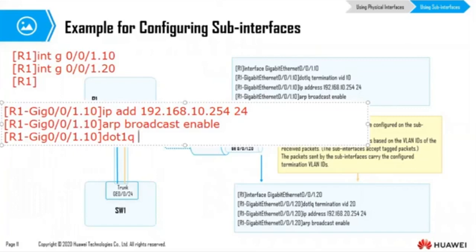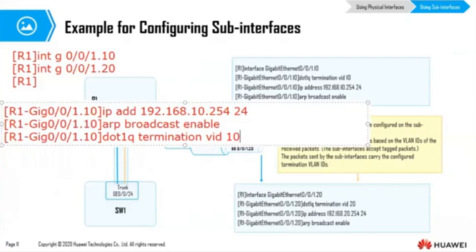The VLAN standard is also referred to as the .1q standard, right? In full it's 802.1q, but in short it's referred to as .1q. So dot1q termination vid 10.